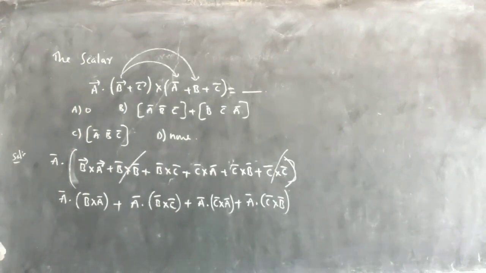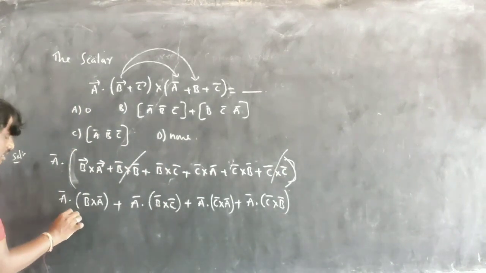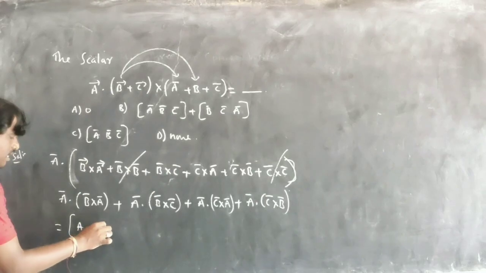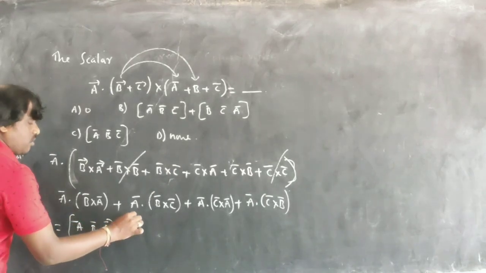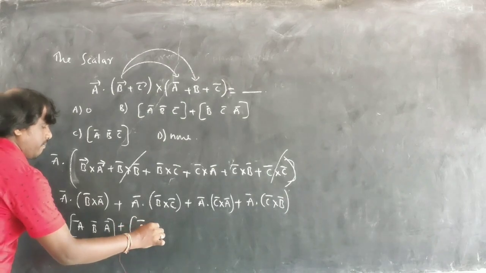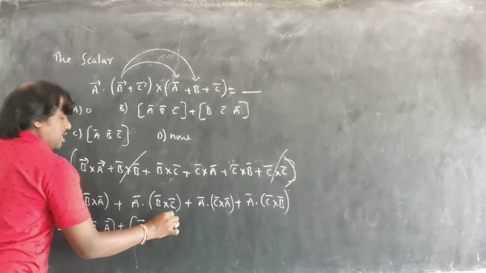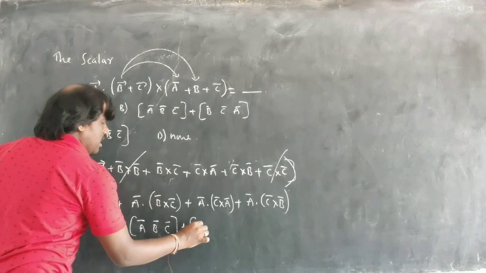Hope you understand what I have done. Now this is nothing but box ABA, as I explained. And this is box ABC. And this is box ACA.